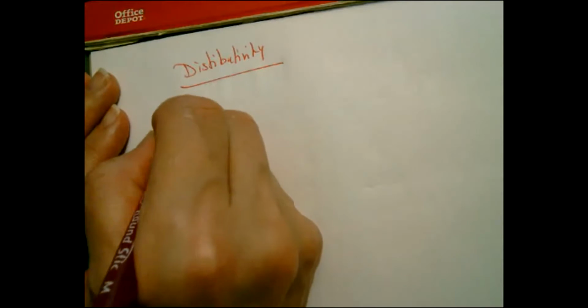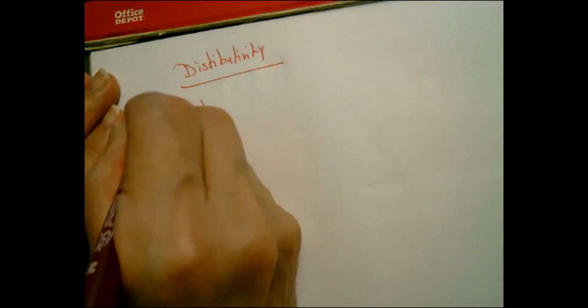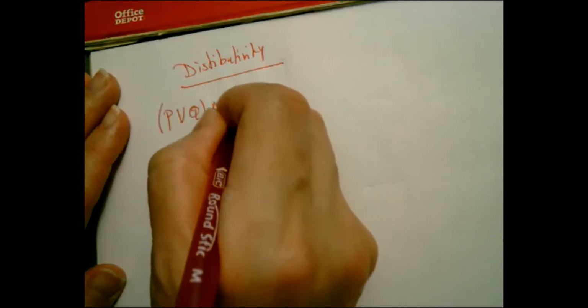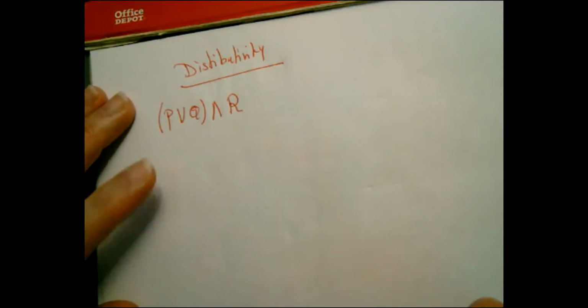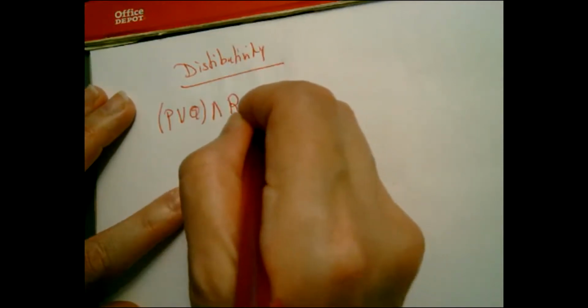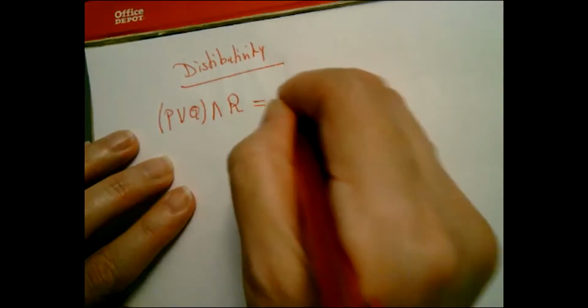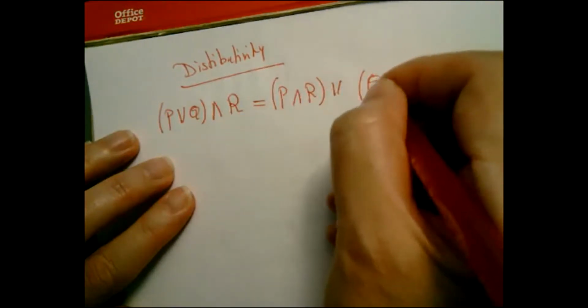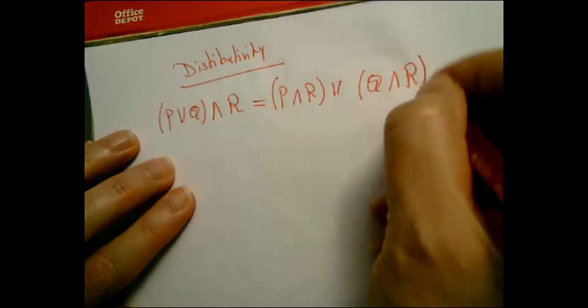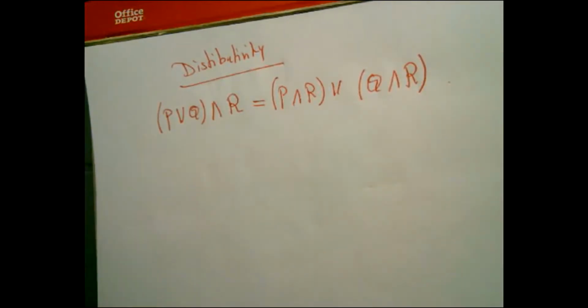It tells me the following: if you take P or Q, and R, this is logically equivalent to taking P and R, or Q and R. So those two statements are really the same.